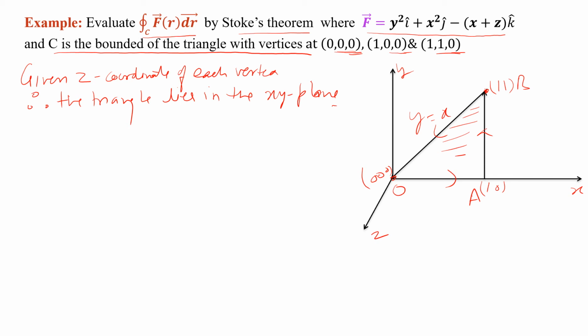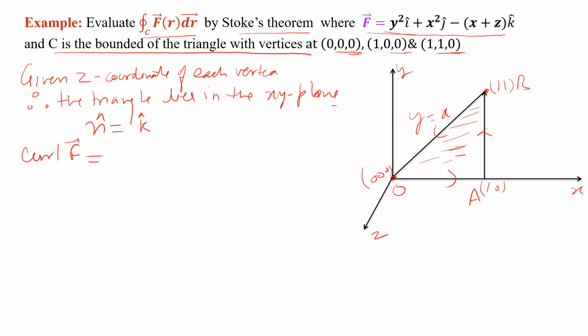So the unit vector normal to that plane is along the z-axis: the unit normal vector n cap is equal to the unit vector k. Now we evaluate the curl of vector f.